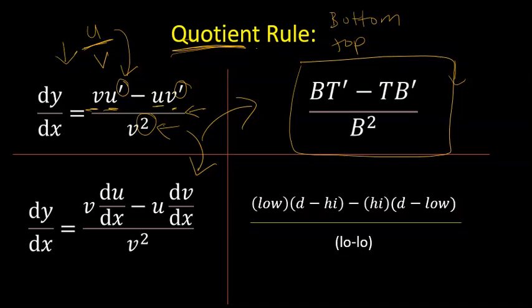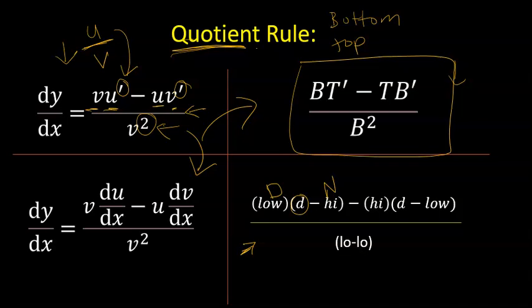This right here is a little verbal song or limerick, I guess, to help you memorize the quotient rule. It goes: low D high minus high D low over low low. What it means is D means derivative, high means numerator, and low means denominator.